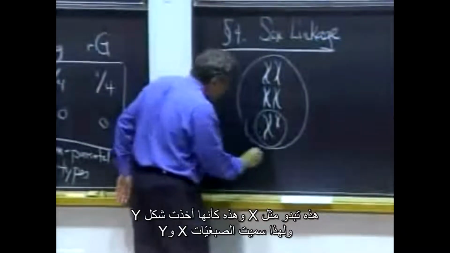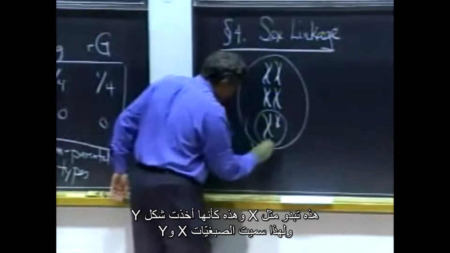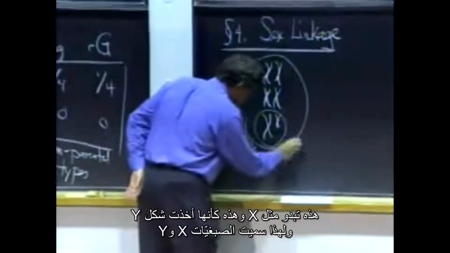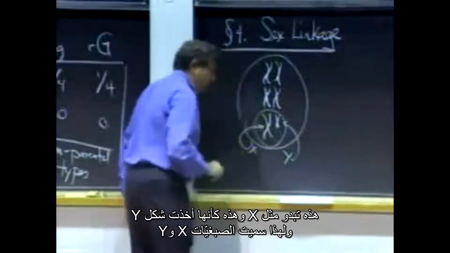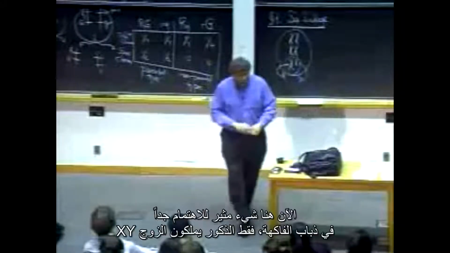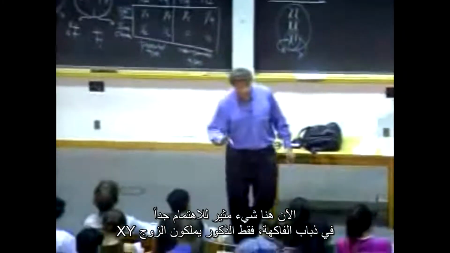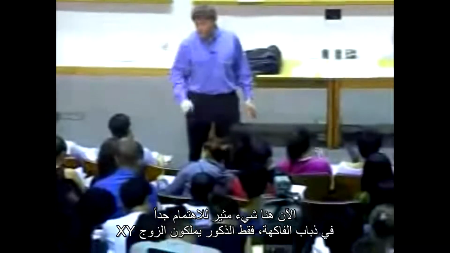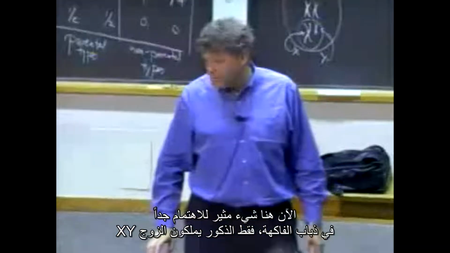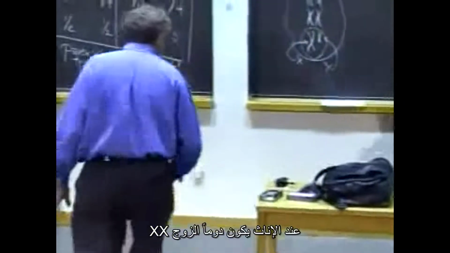This one looks like an X. This one kind of had the shape of a Y, and hence they got the names, the X and the Y chromosomes. Now here was something very interesting. In fruit flies, it was always the males that had an XY pair. In females, it was always an XX pair.